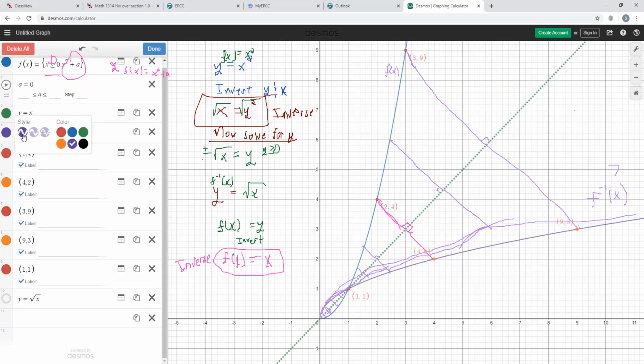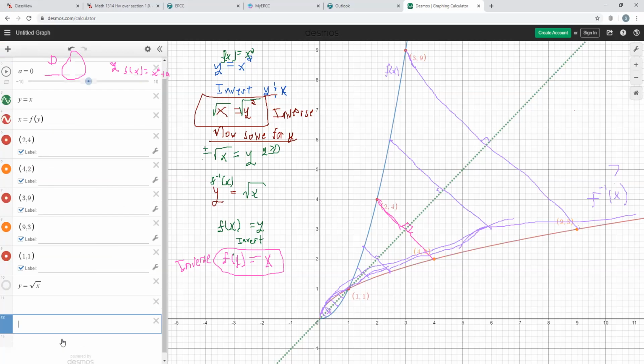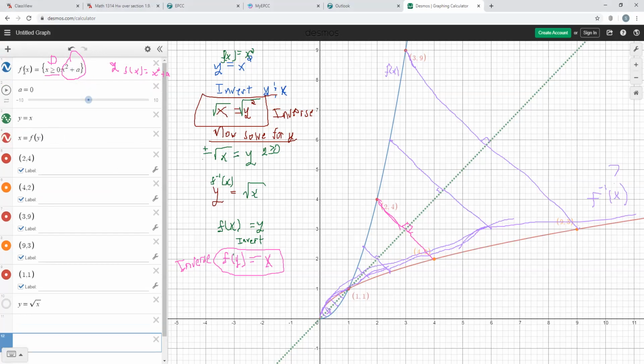Let's say I change the color, there's the red, and there you go. It's the same one. So that's another way to get the inverse, is if you type in f of x equals whatever the equation is, x squared, then you can also just type in x equals f of y on Desmos, and that'll give you the inverse as well. Okay, so I'm going to clear all this out.